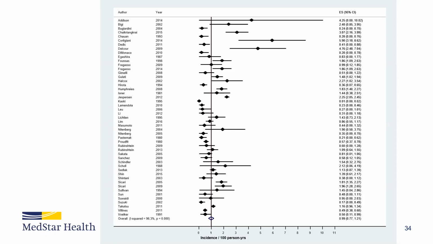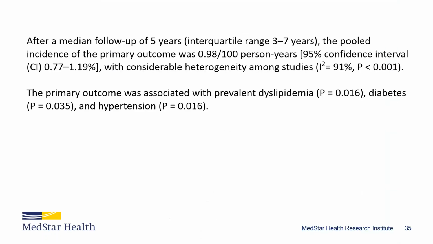So what they concluded was that the incidence was about 0.9 or almost 1 per 100 person-years. And then they did state that there was considerable heterogeneity among studies.